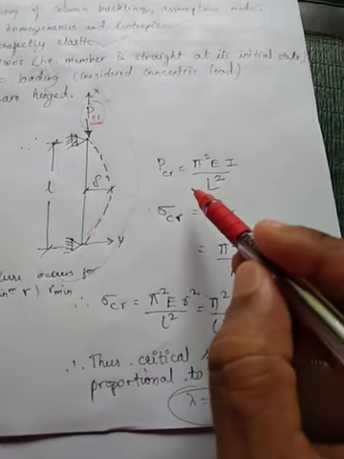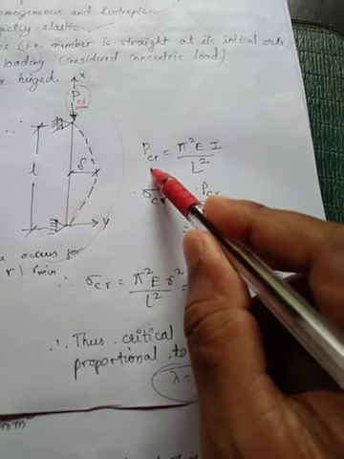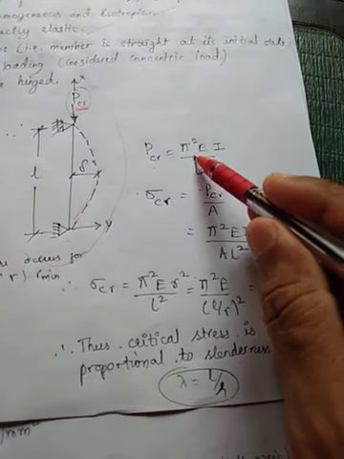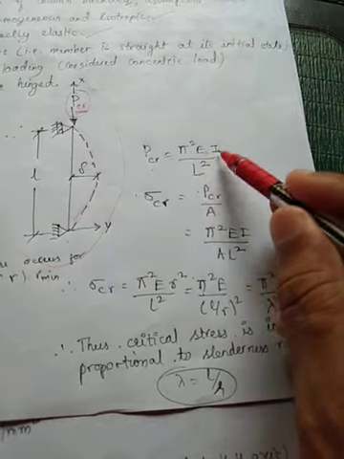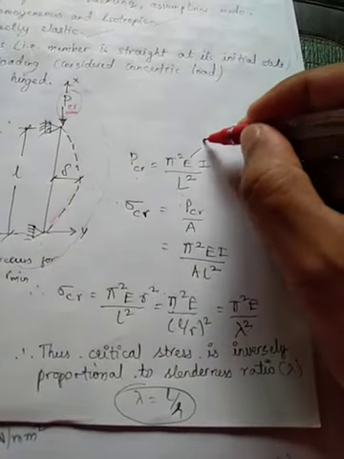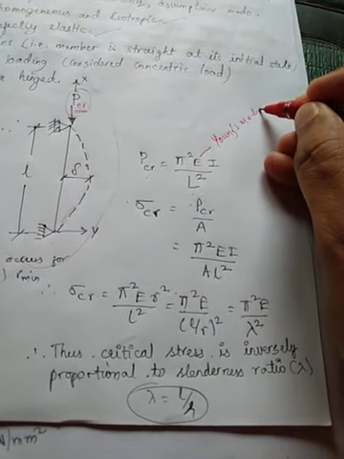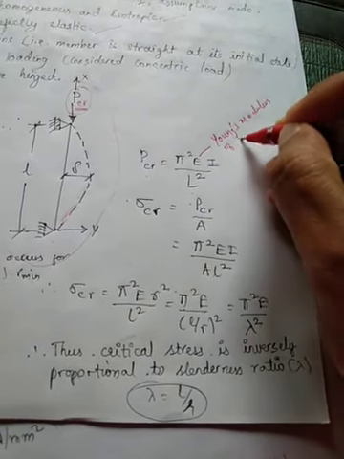As we know from strength of materials, this critical load PCR equals pi square EI by L square, where E is Young's modulus of the material.